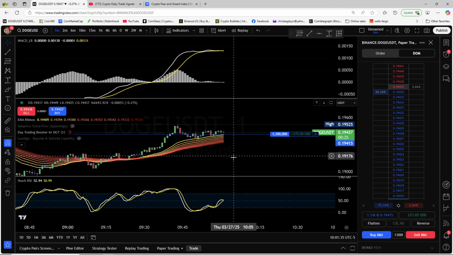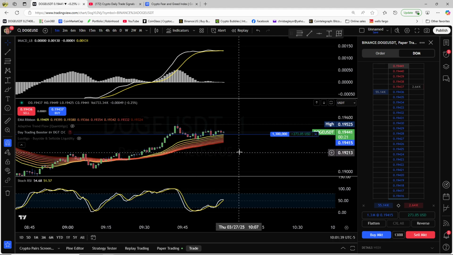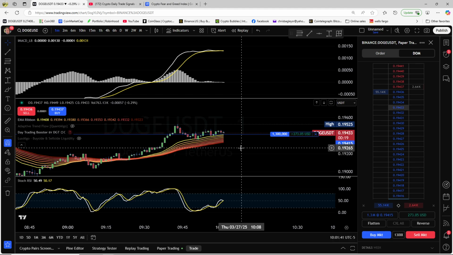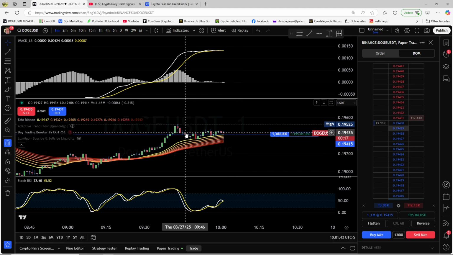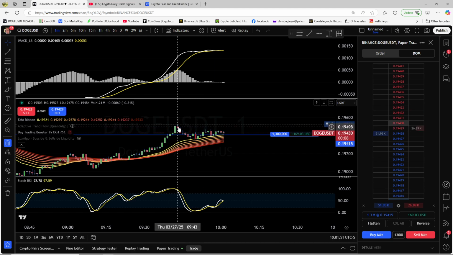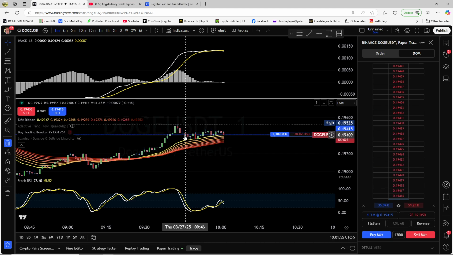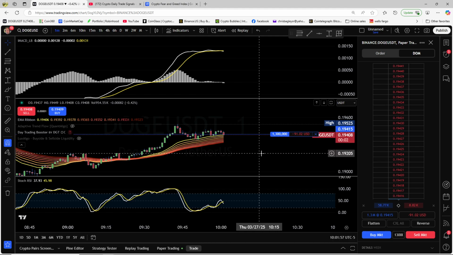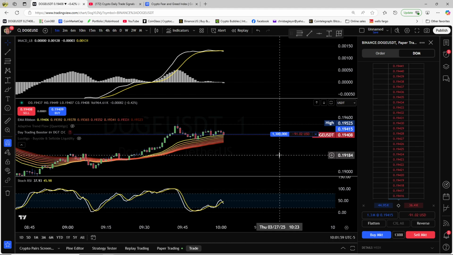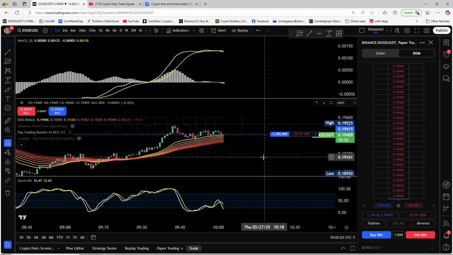I mean, we can still see if it needs to create a new high. But really, it came down and it came back up. This high right here was lower than that high. So it created a lower high, but everything's just consolidating right now sideways. Gosh darn it, man.